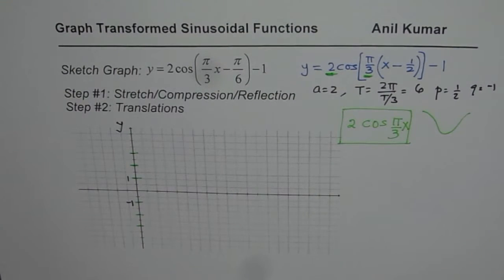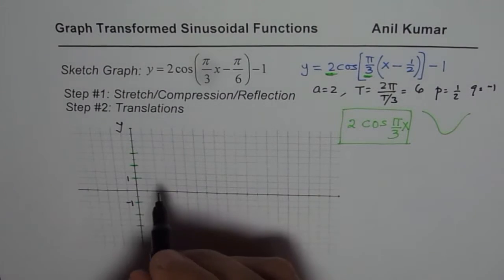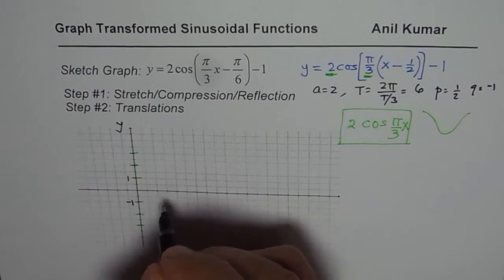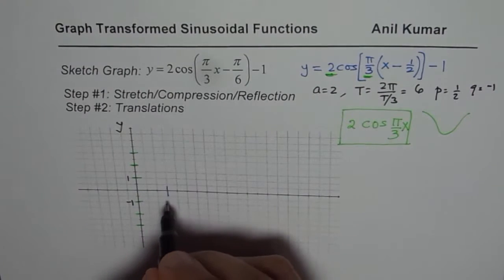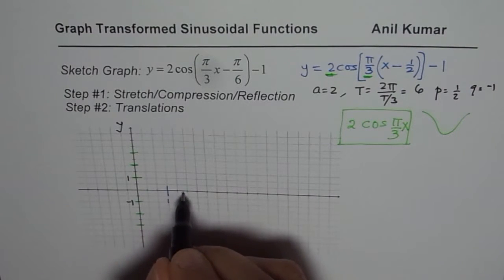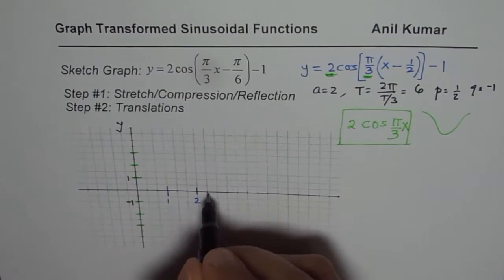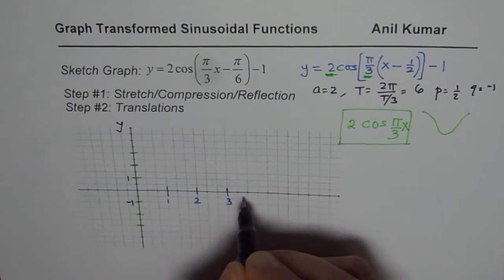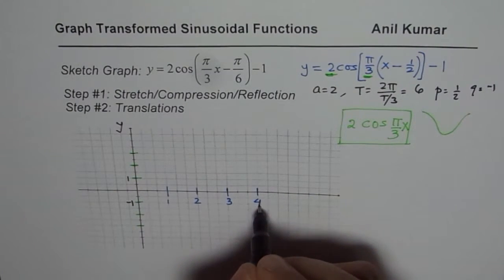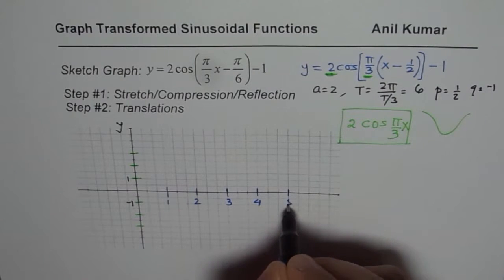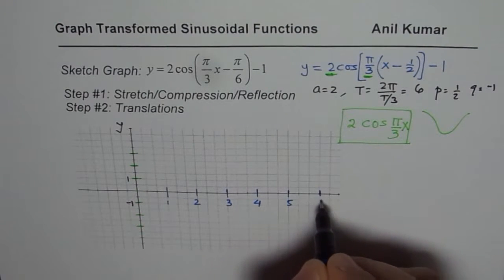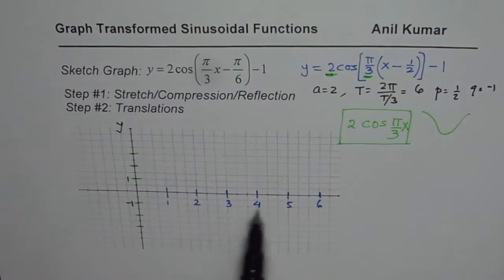So 6 units, let us say we have 1, 2, 3. Let this be 1 unit. 1, 2, 3 second unit. 1, 2, 3 third. 1, 2, 3 fourth. 1, 2, 3 fifth. 1, 2, 3 sixth, right? So we have these 6 units, which is the time period.